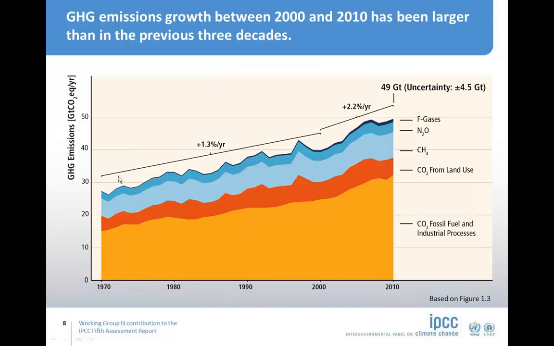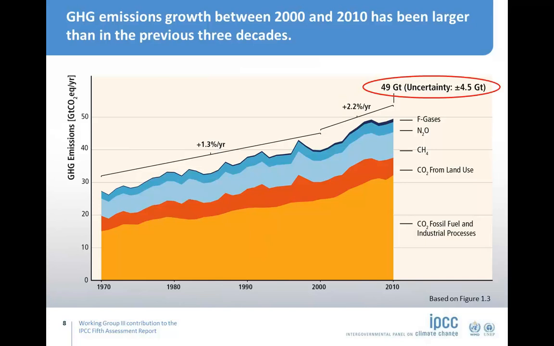So the graph here is the total greenhouse gas emissions for the whole planet. And as you can see, the emissions are getting greater and greater at a period when we need to be reducing them. Okay, and that's some of the kind of increases that we've seen.